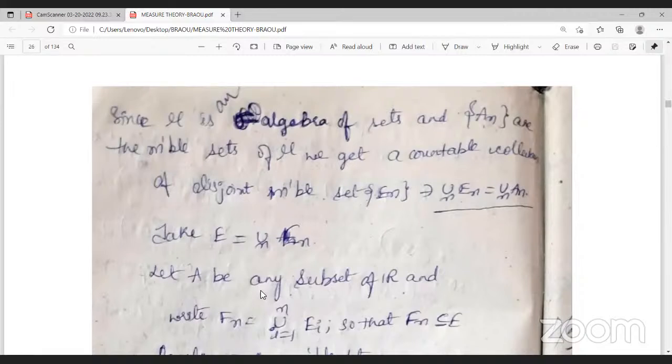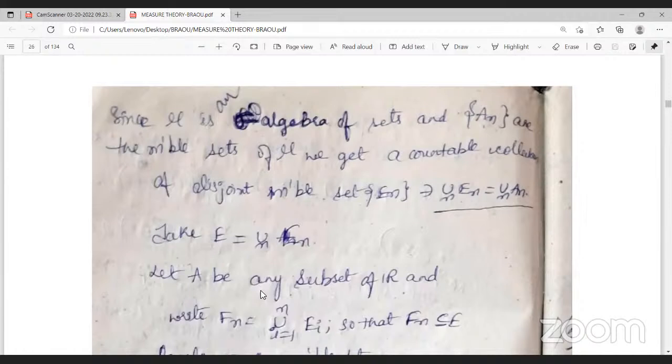From equation 1 and equation 2, substitute A equal to the union of i equal to 1 to n of Ei. M star of the union of i equal to 1 to n of Ei is equal to M star of En, since A intersection En equals En. Then M star of F, equals M star of A, equals the same.